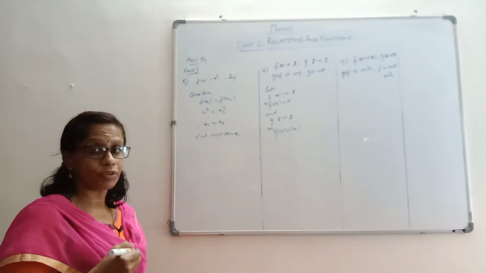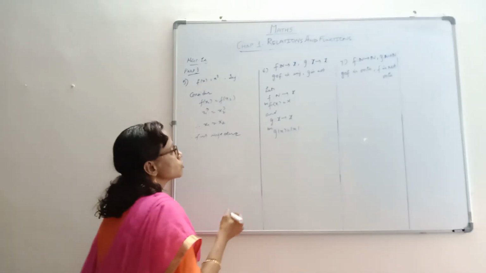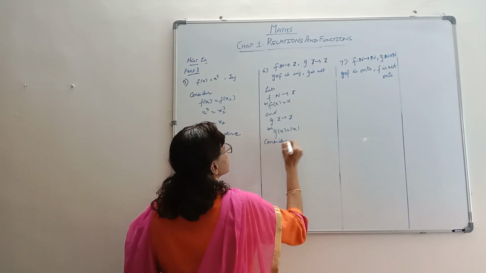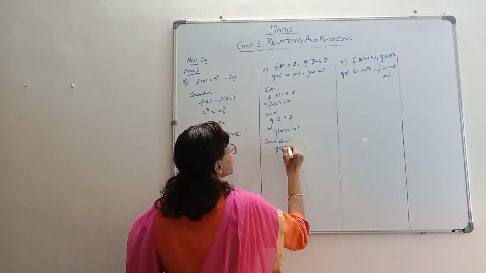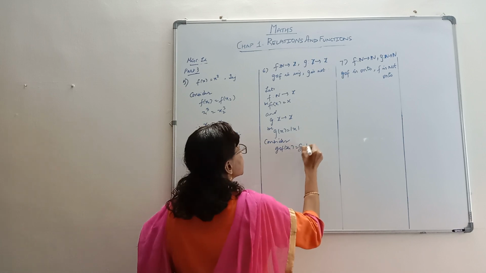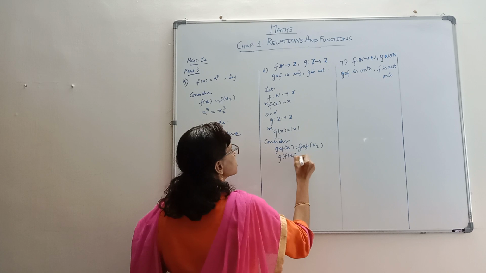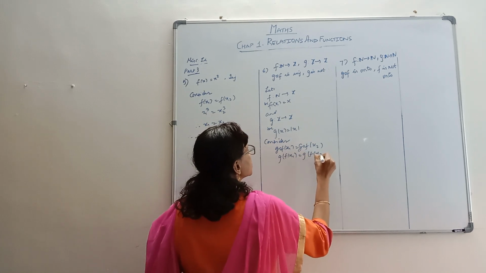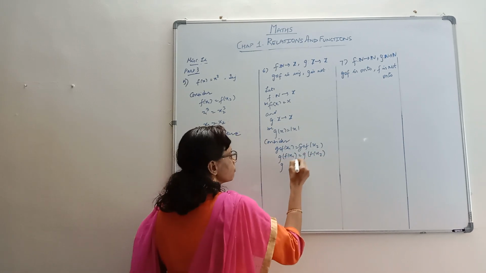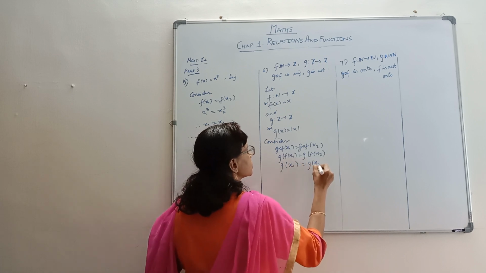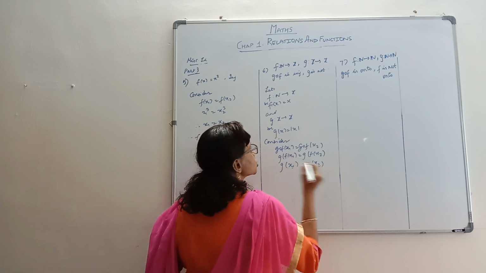Let's see now how we can show that g of f is injective. Consider g of f at x1 equal to g of f at x2. By definition it is g of f of x1 is equal to g of f of x2. Now since f is the identity function, we get g of x1 equal to g of x2.